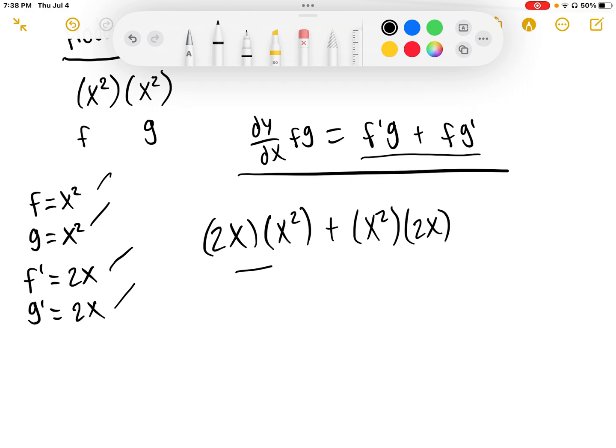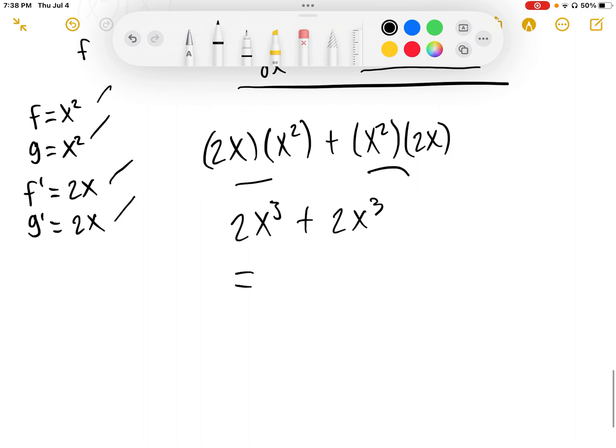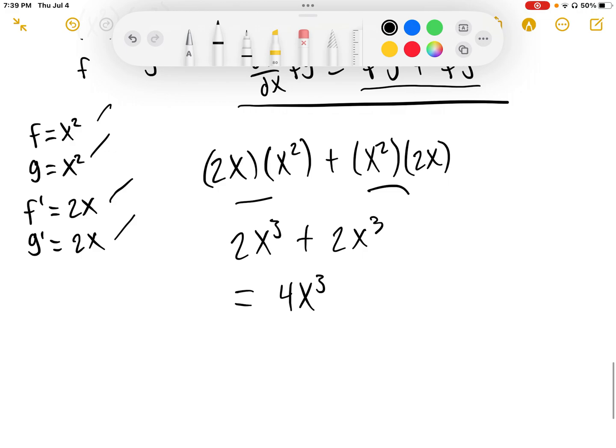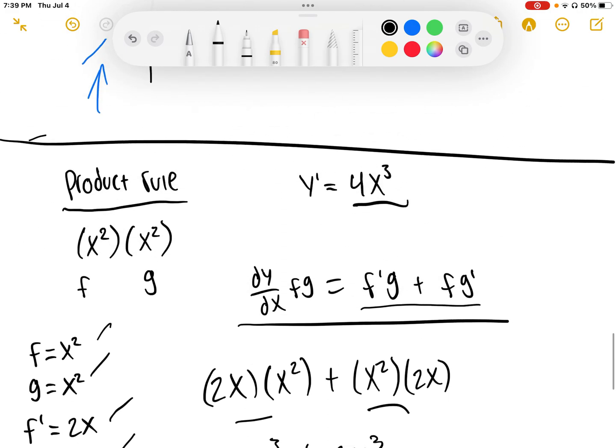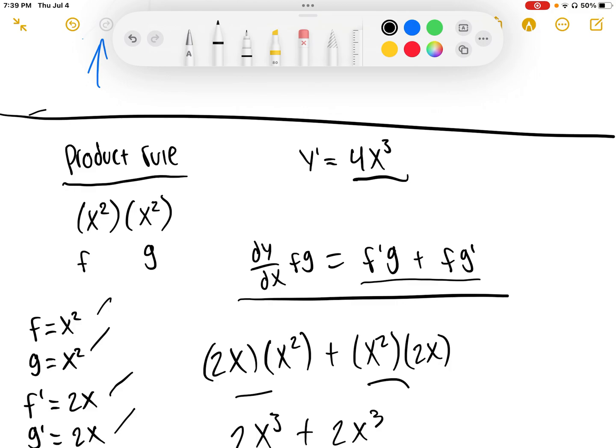Well, if we multiply these, we get 2x to the 3 plus the same thing, 2x to the 3. And this equals 4x to the 3. So that's the product rule on a very easy one.